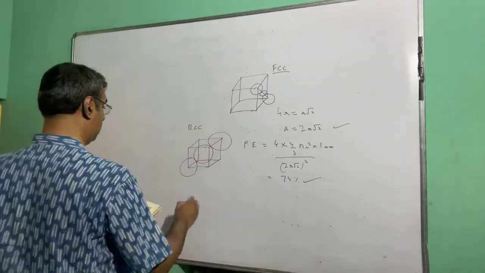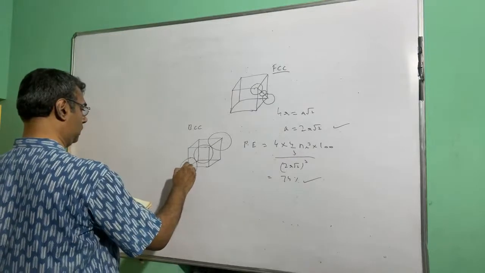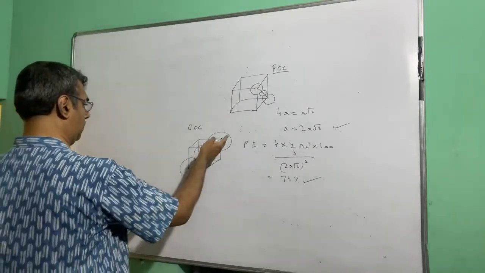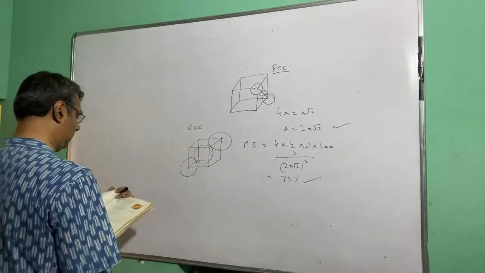If you have a constituent particle at this corner, a constituent particle at the diagonally opposite corner, and along the body diagonal there is another particle.